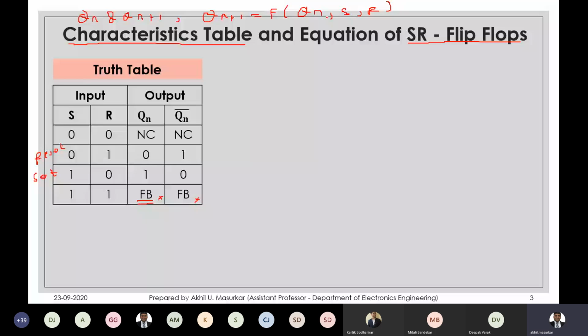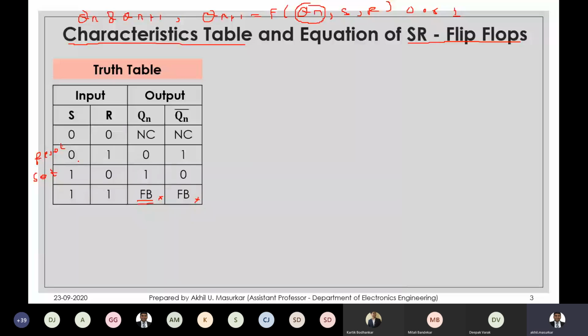From the truth table, you can see S and R can take four different values: 0 0, 0 1, 1 0 and 1 1. And Qn by itself can take values of 0 or 1. That means when S and R are 0 0, Qn can be 0 or 1.